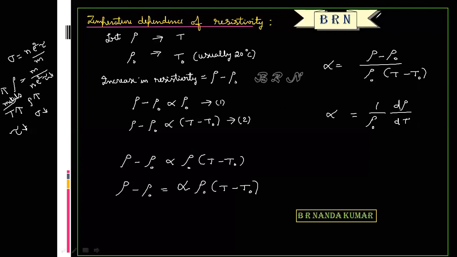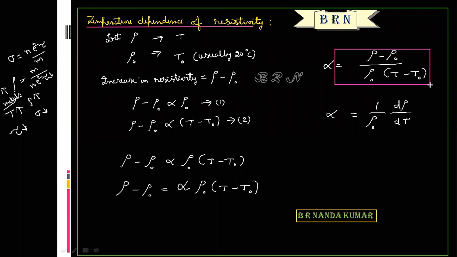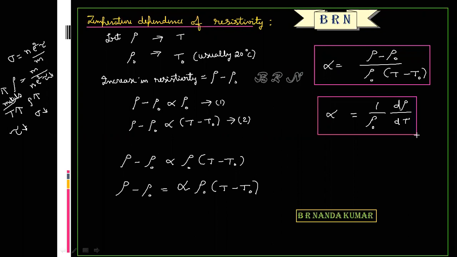So what is the meaning of temperature coefficient of resistivity of a metal? It is a very simple definition: the ratio of increase in resistivity per unit original resistivity per degree rise in temperature.